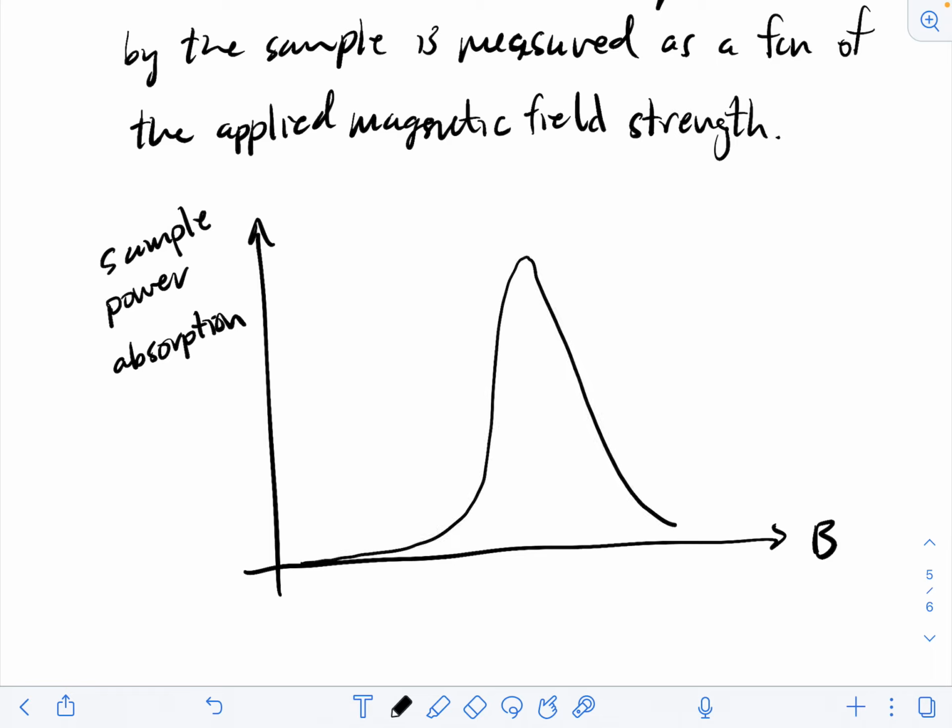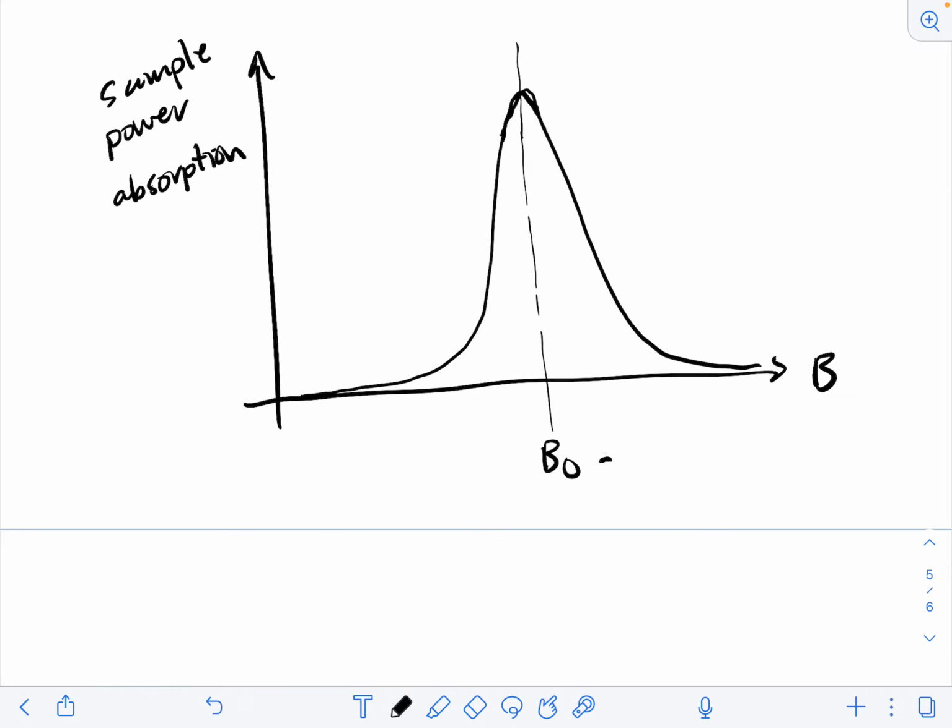And this peak maybe occurs at some particular field, which we can call B0. And that peak occurs at a field that is determined by, first of all, the frequency of the light that you're using and a bunch of other constants.